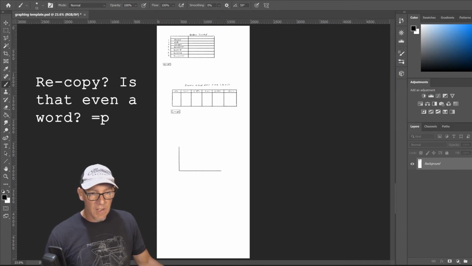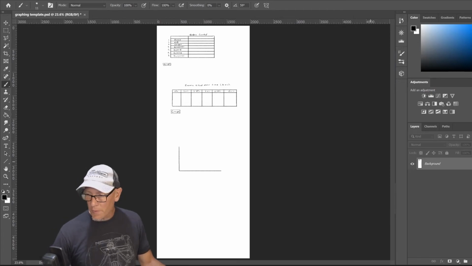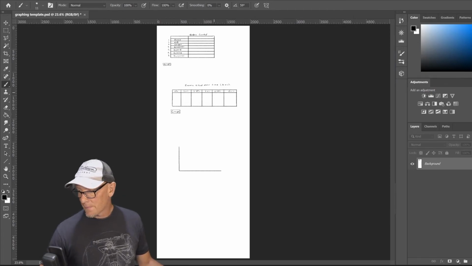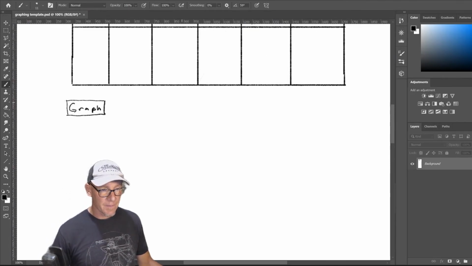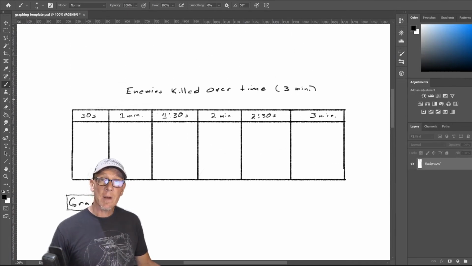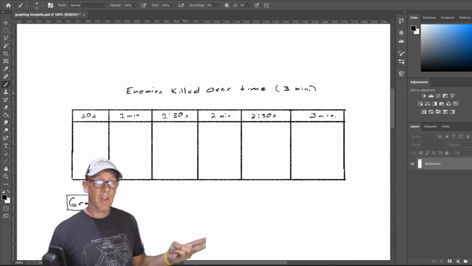Now, you're going to want to leave space here so that you can move around. Let's go back and look at them closely. Okay, 3 graphs. One is going to be about percentage, one is going to be about time, and one is going to be comparing amounts.